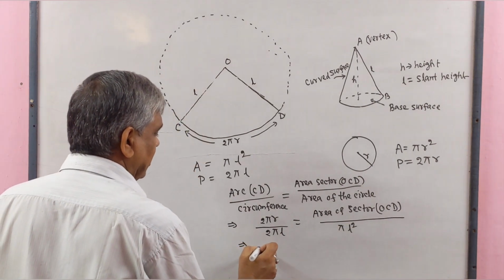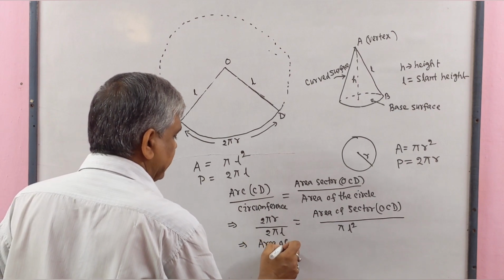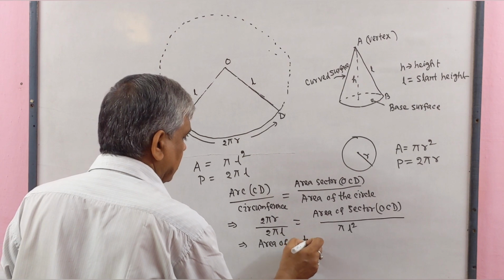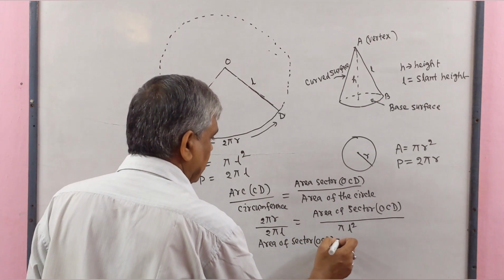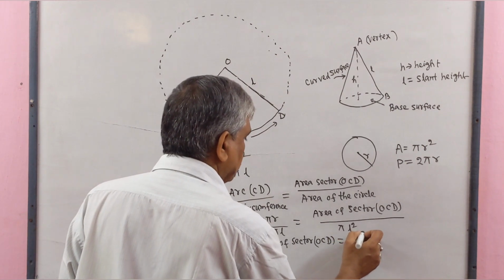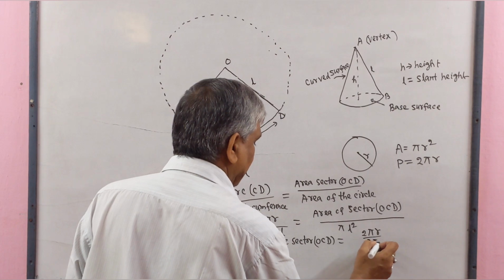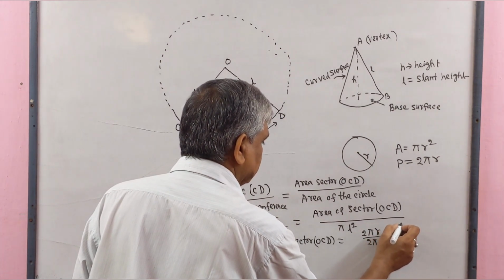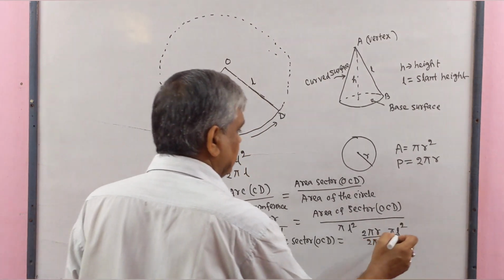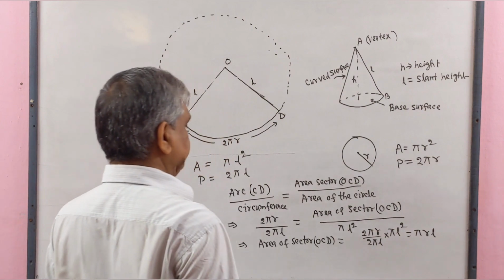This implies that area of sector OCD equals 2 pi r by 2 pi L multiplied by pi L square. This is equal to pi r L.